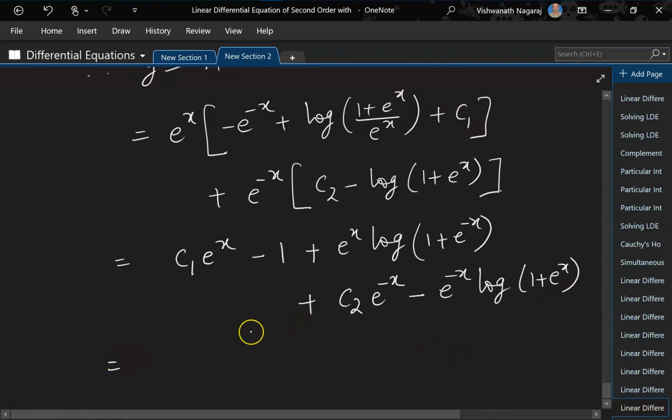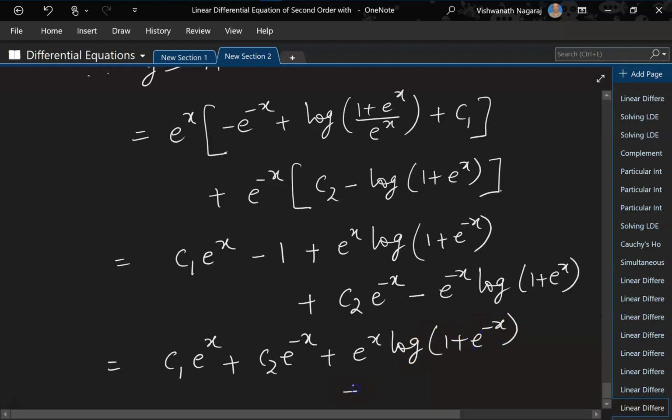If you want, we can just rearrange it so that a particular point becomes very apparent. C1 e^x plus C2 e^-x plus e^x log of 1 plus e to the power of minus x, minus e to the power of minus x log of 1 plus e to the power of x.